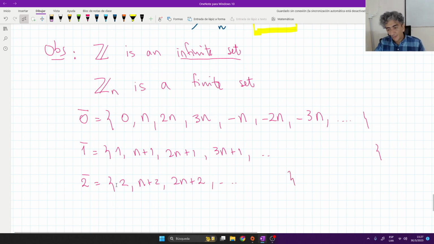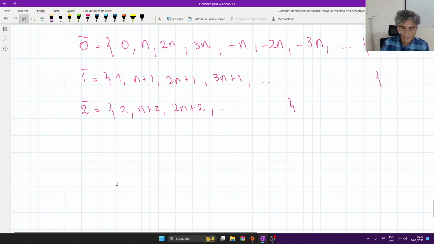If you start doing this with all the integers, the last one that you see that's different from the previous ones is the equivalence class for n minus 1. Then you have 2n minus 1, then 3n minus 1, and so on.